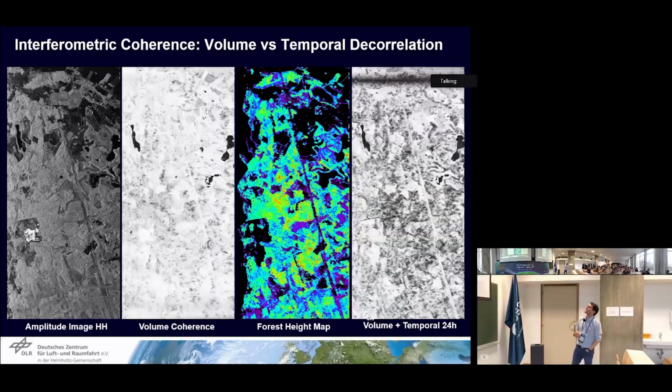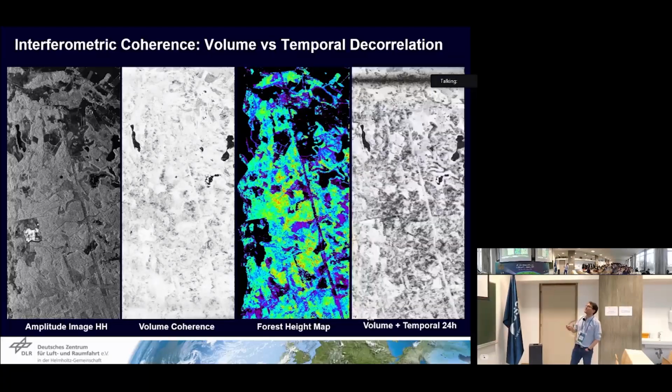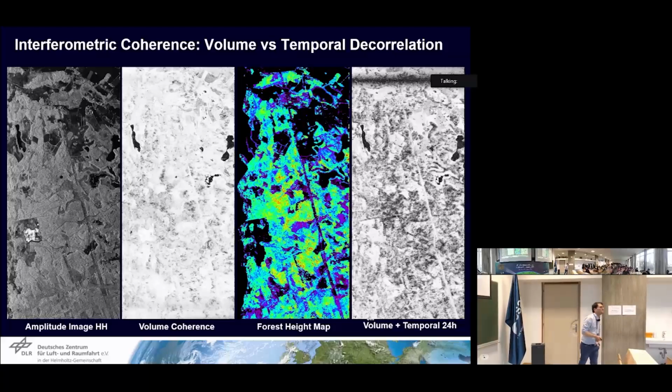Now, no, sorry, I got mistaken. This is a volume, this is 10 minutes. 24 hours is this one. My bad. 24 hours. SAR phases, they are still there, most of them. The volume, they start to change. What can happen in 24 hours? It could be raining between one day and the other.